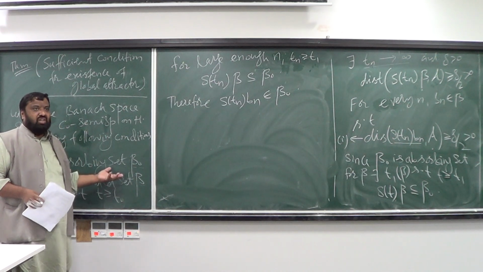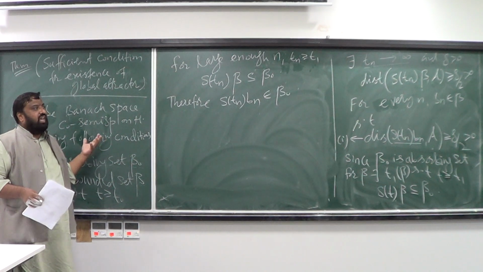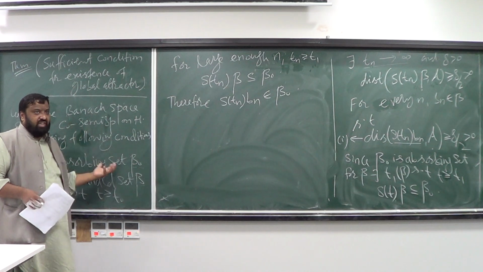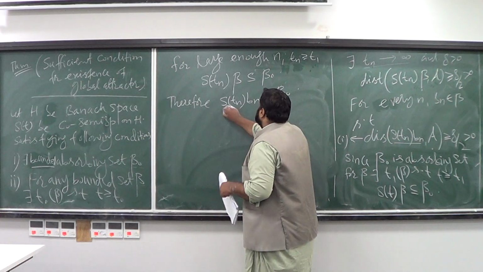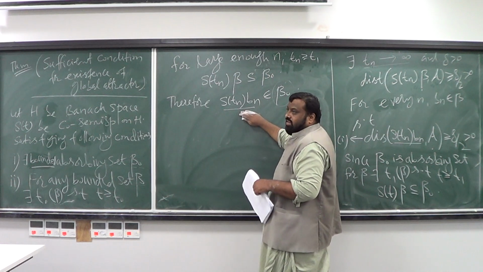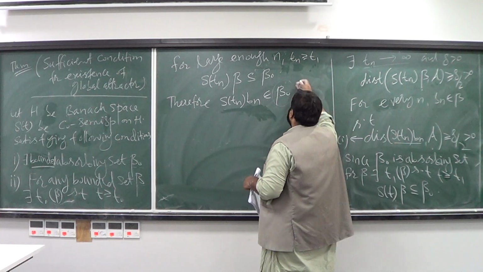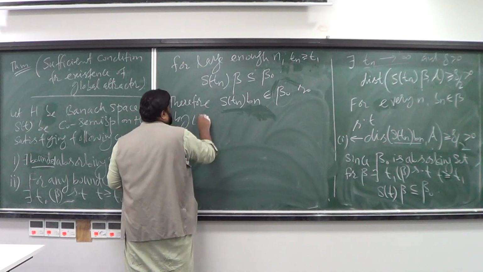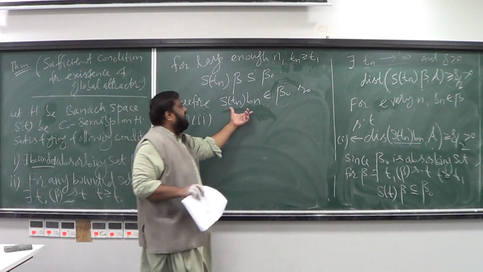So the union of all orbits after some instant, starting from B naught, is relatively compact. So this sequence which sits here is also relatively compact actually, because it is going to inherit that relative compactness from here. So by condition 2, we can say that this sequence is relatively compact.